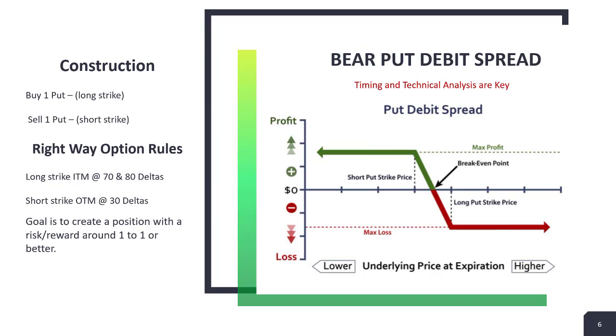Your stock price might be right in here, and the stock moves lower. And we have a maximum profit. This is the max that we can make, and that happens to be the difference between the strikes minus the amount you paid on the trade. And it also has, if the stock moves up against you, a maximum loss, or a limited loss, on the way up.